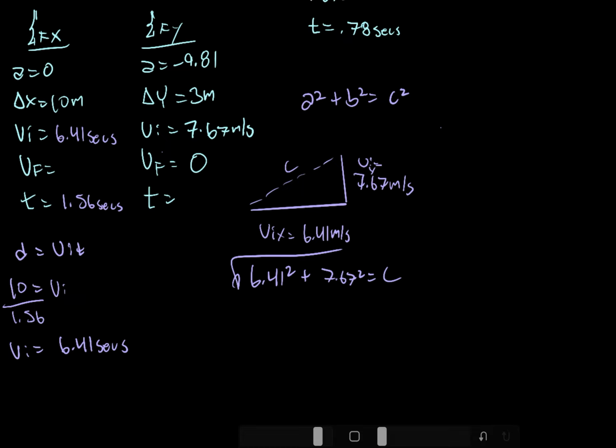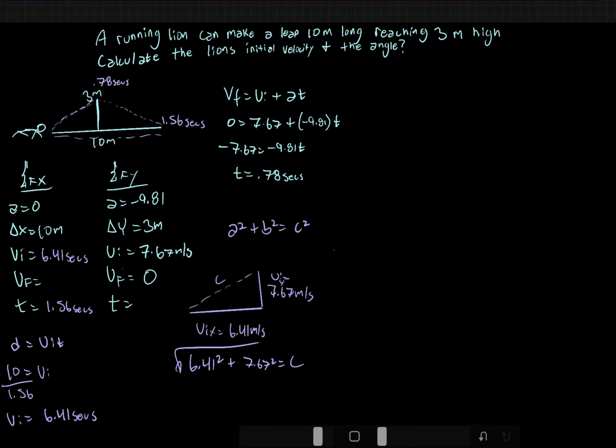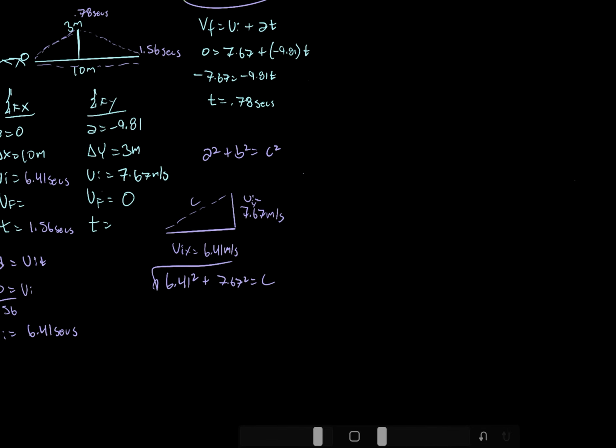One moment. So the initial velocity, to answer the first question, when it first leaped, is 9.99 meters per second.